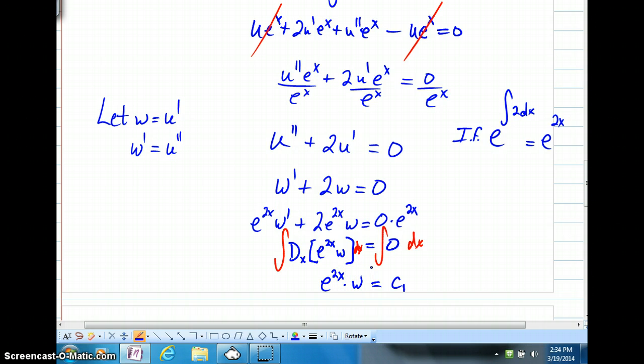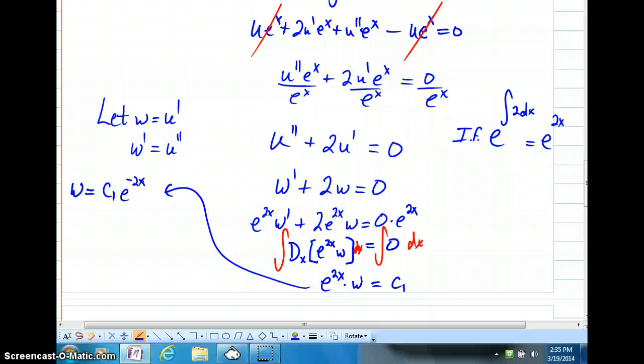And we're getting closer by the moment. How about I divide both sides by e to the 2x? We'd say w is equal to c1, or I could even multiply both sides by e to the negative 2x. Either way you want to do it, it's fine. Divide both sides by e to the 2x, you get c over e to the 2x.